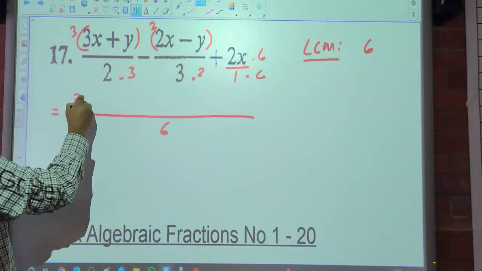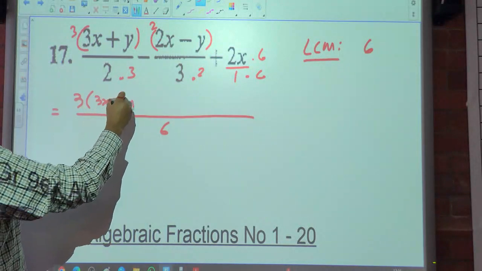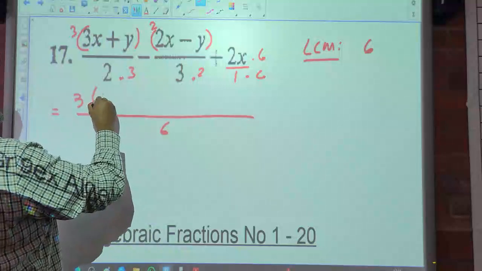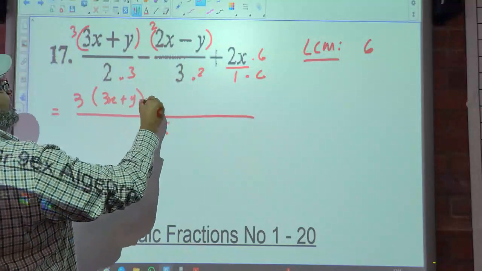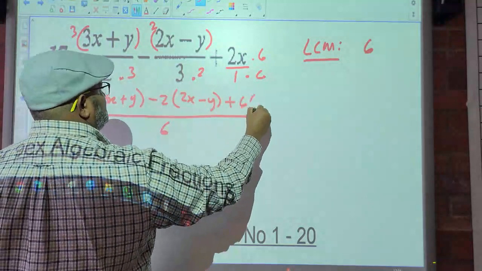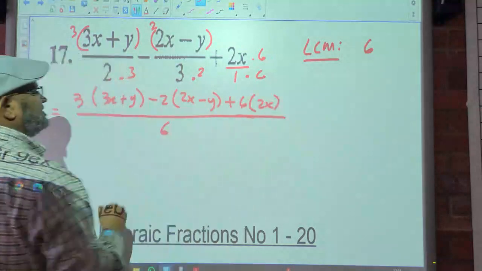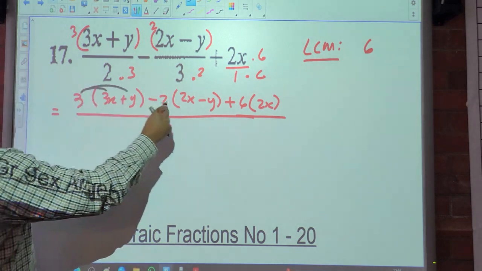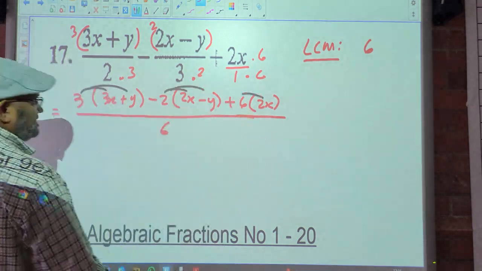So again, it's 3 into (3x + y), minus 2 into (3x - y), plus 6 into 2x. So what do we do now? Get rid of the brackets.